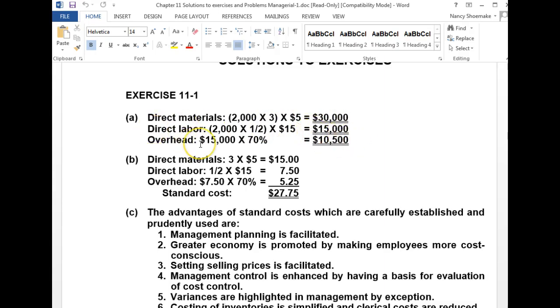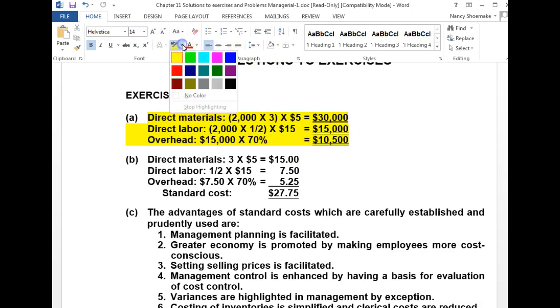And the overhead, 15,000 at 70% is 10,500. So here's what we're budgeting for our direct materials, our direct labor, and our overhead here.